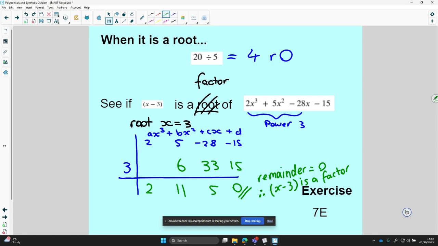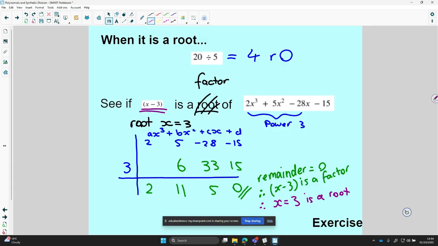I could have also tested, and I'll just move this little thing out of the way, I could have also tested and said, therefore, x equals 3 is a root. Okay, those two statements go hand in hand, but the language isn't really important. We don't call this a root because that is a factor.